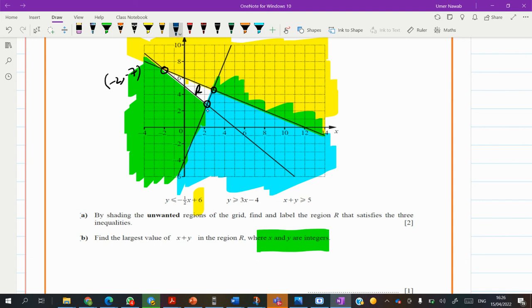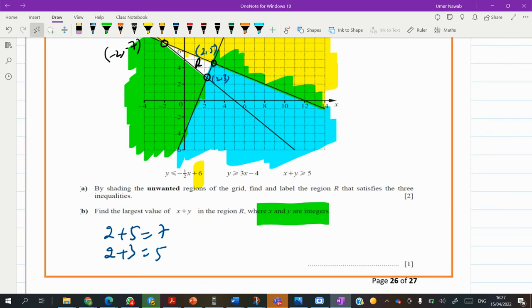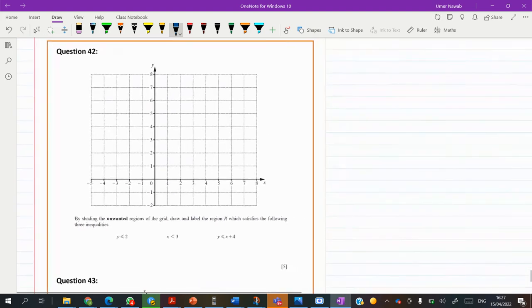So the closer point to this is 2 and 3, and any point closer to it is 2 and 5. So let me check. 2 plus 5 is 7, and 2 plus 3 is 5. So I think 2 and 5 has to be taken, which gives 7.